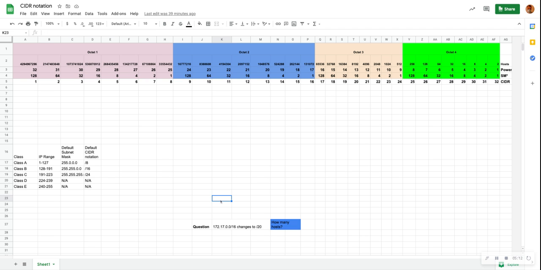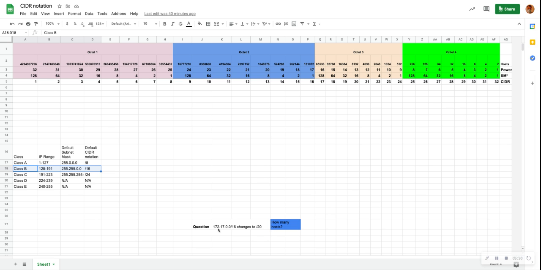So let's put this theory into practice. By default, as we've noticed, a class B address would have a default CIDR notation of /16. So 16 bits are being used for the network side and 16 bits are being used for the host side.